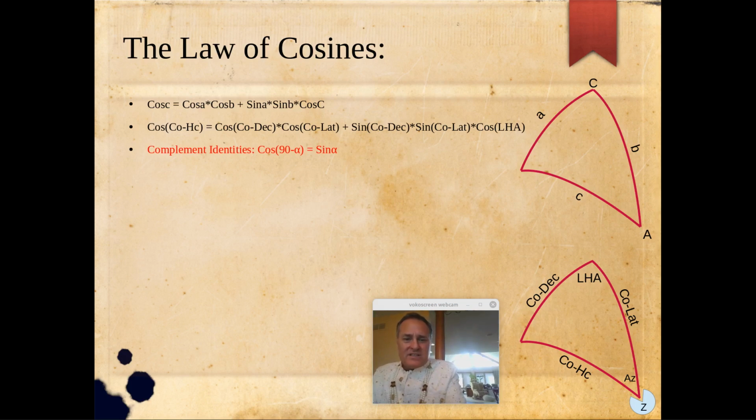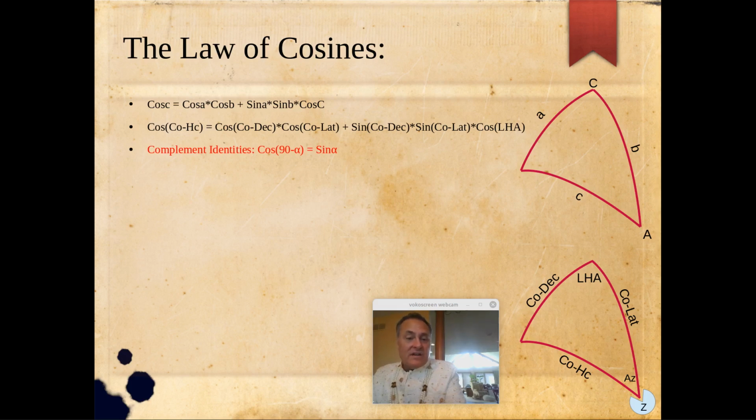Instead of all these co-declination and co-latitude, co-HC, we can rephrase these trigonometric factors by recognizing that the cosine of 90 minus an angle, or the co-angle, is the same as the sine of the angle itself.